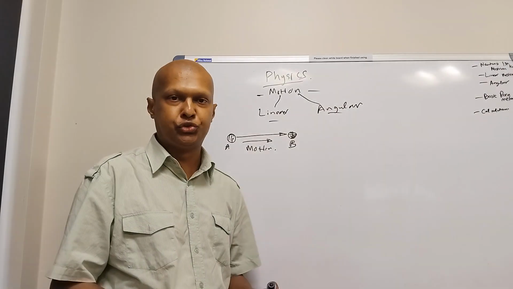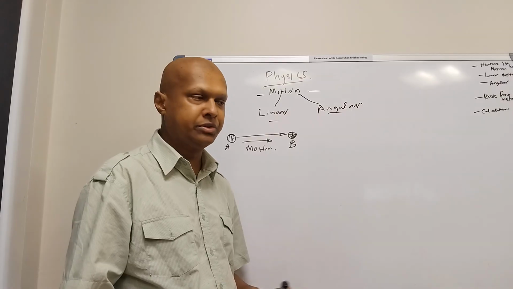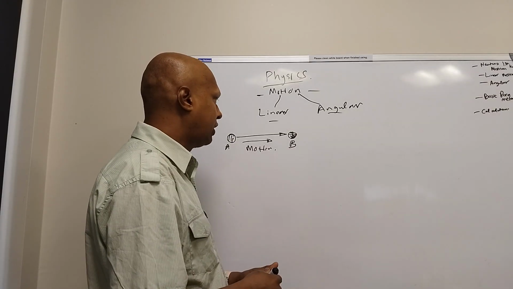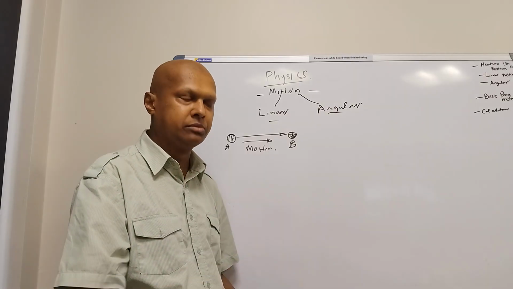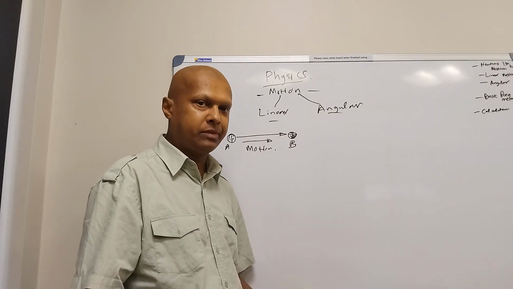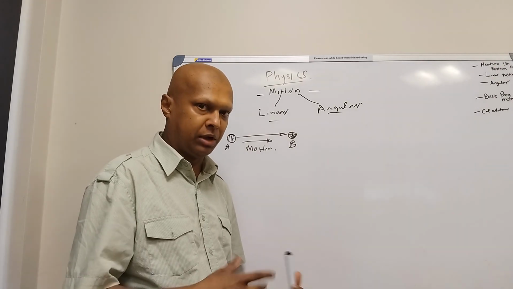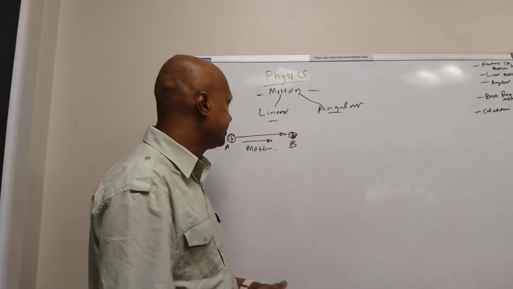In physics, with the direction we use equations, or we sometimes assume the direction is one direction, but it doesn't have to be. It can have multiple directions and we can still use equations.